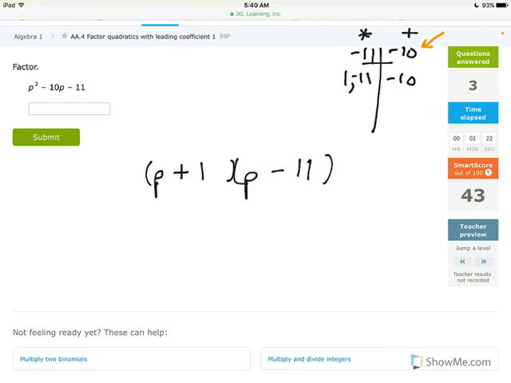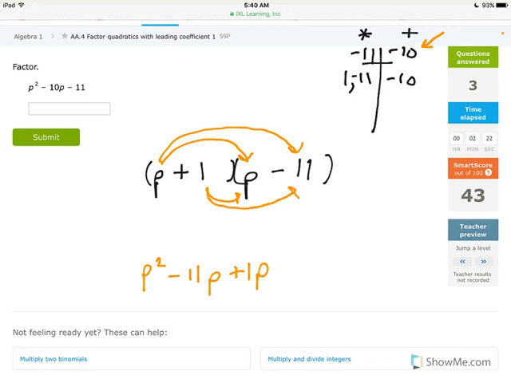And as always, if we think this is the answer, p plus 1 and p minus 11, multiply it together and see if it actually works. So if we distribute the p, we get p squared. If we distribute the p to the next term, we get negative 11p. Distribute the 1, and we get 1p. So 1 times p.